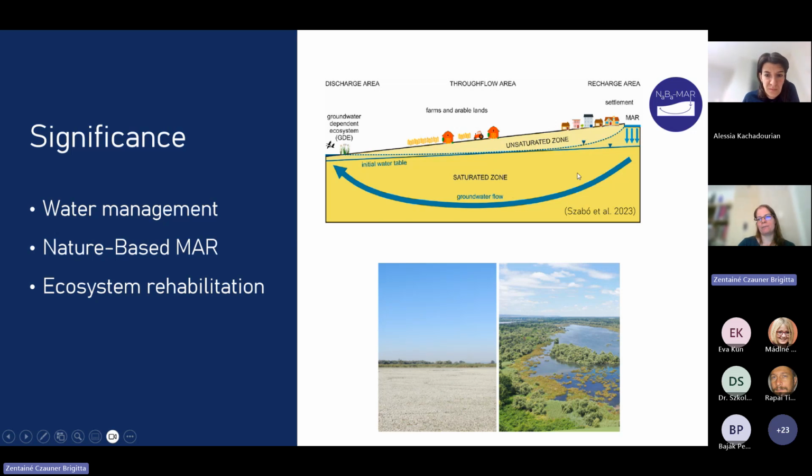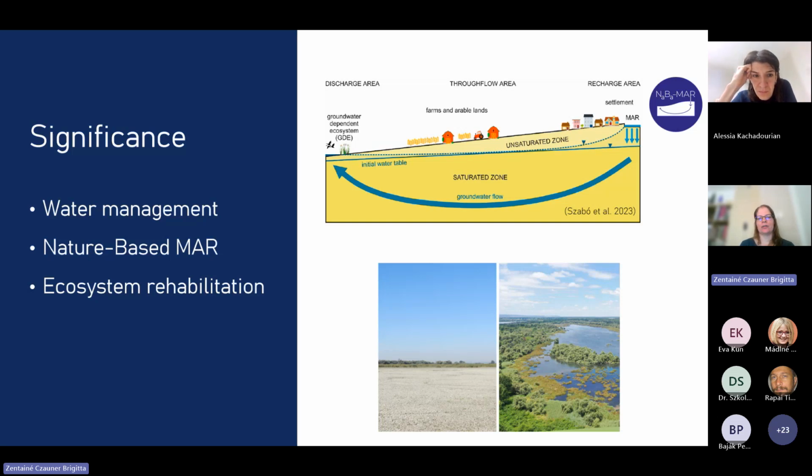In this way, in case of appropriately placed MAR installations, we can also bring some water along the flow systems into the discharge areas. For instance, in this picture, you can see a groundwater dependent ecosystem, so we can improve its water replenishment by this method.